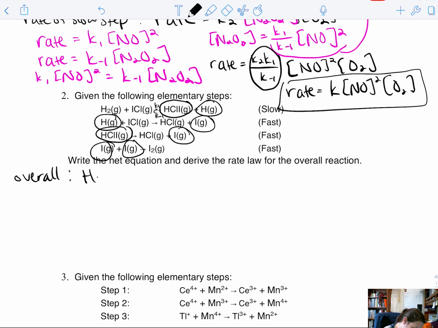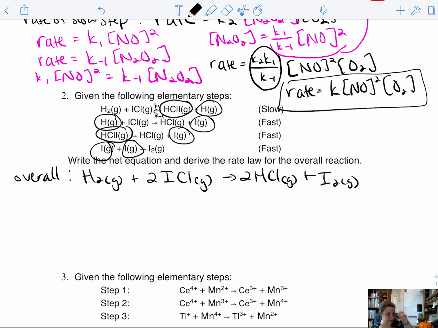Okay, so overall, we get H2 gas plus 2 ICl gas goes to 2 HCl gas plus I2. We want the rate of our slow step.